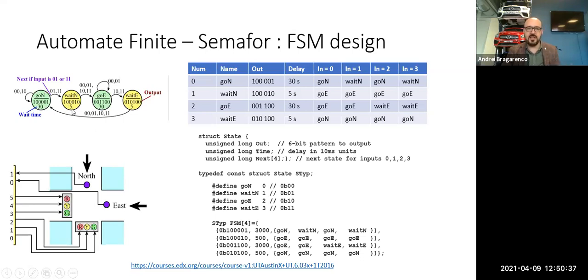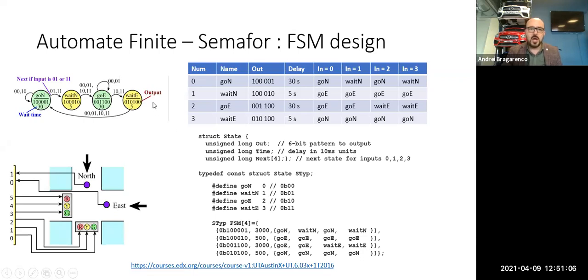We'll stay here for 5 seconds, and now look here, we have all the inputs, all the combinations. So we don't have any specific condition here. Anyway, it will change from wait north to go east. Same here, but vice versa for sensing.